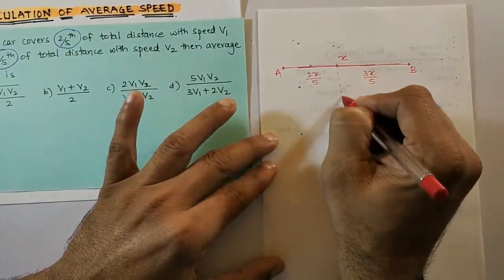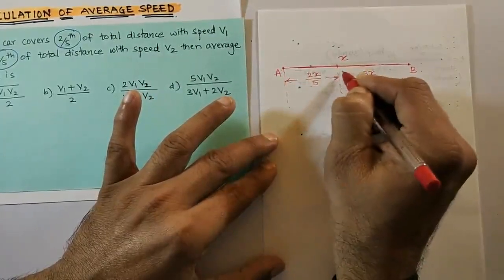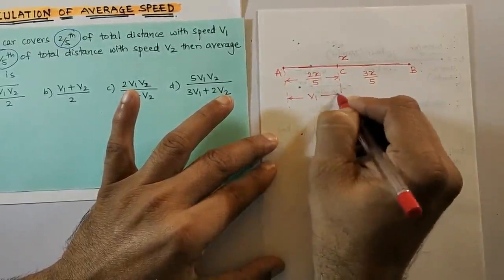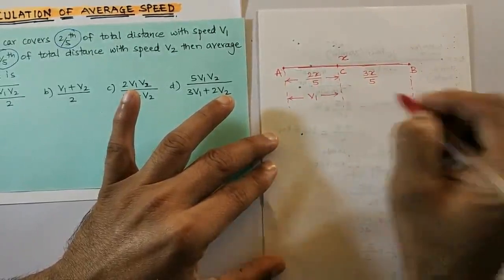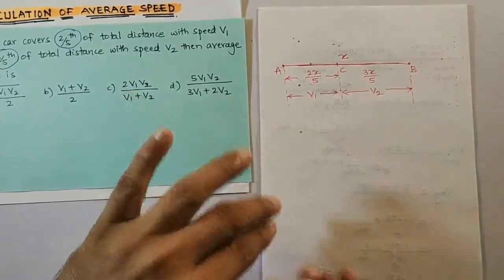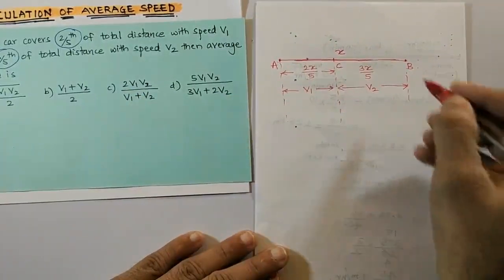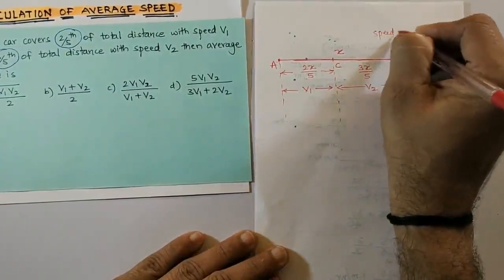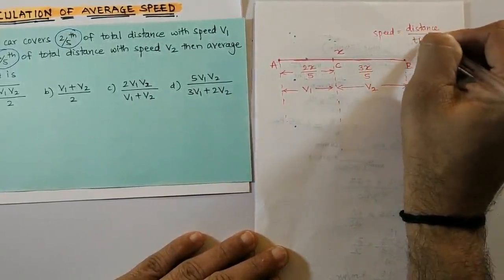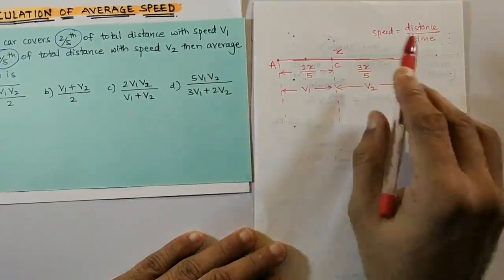So to cover from here to here, that is from A to, I will take this point as C. So speed is v1 here, and here the speed is v2. Now time taken. So we know that speed is nothing but distance by time, so time I can take as distance by speed.